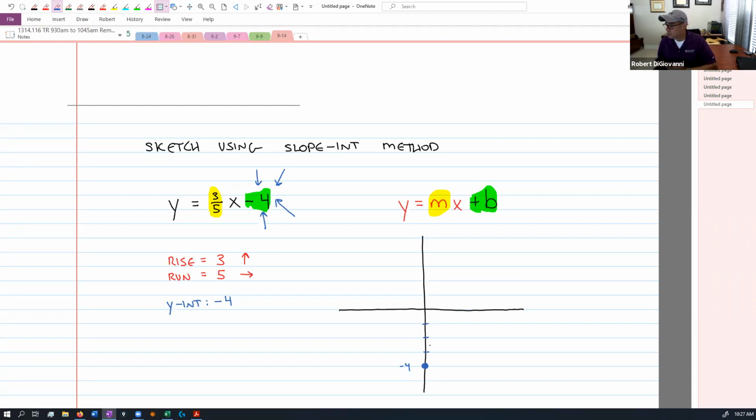Now, Riley, are you here? Yes. Okay, so Riley, are you following? Yes. Okay, so tell me how I'm gonna get to another point from that point. You're gonna go up 3 and then to the right 5. To the right 5. I'm gonna need to go to the right 5.